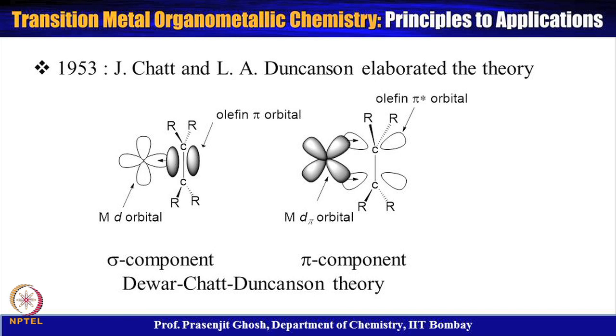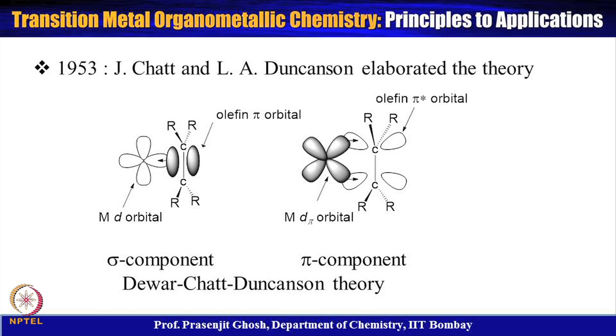One is a sigma interaction, from the olefin p orbital onto an empty metal d-type orbital, and the second interaction, which is called a pi interaction, happens from the filled metal d orbital onto a vacant pi star orbital of the olefinic ligand.